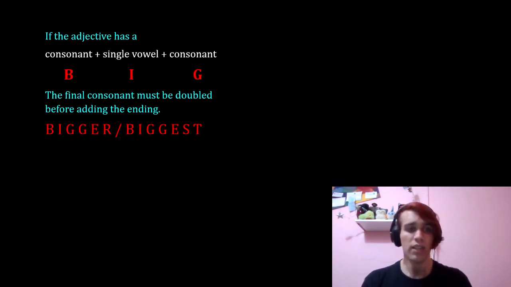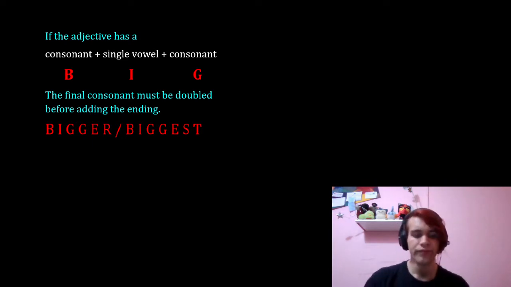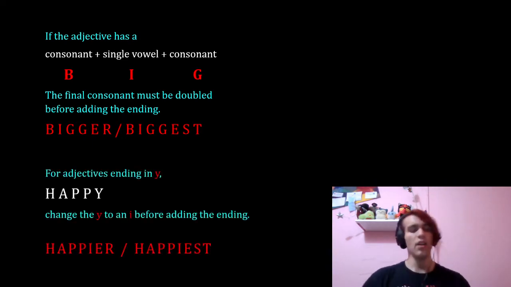The final consonant of the word big is the G, so we have to write the G 2 times. Bigger and biggest. For adjectives ending in Y, like happy, we have to change the Y to an I before adding the ending. Happier and happiest.